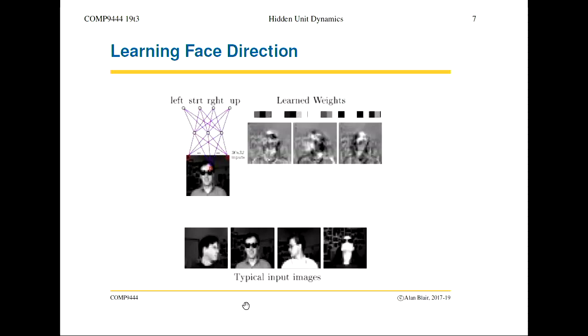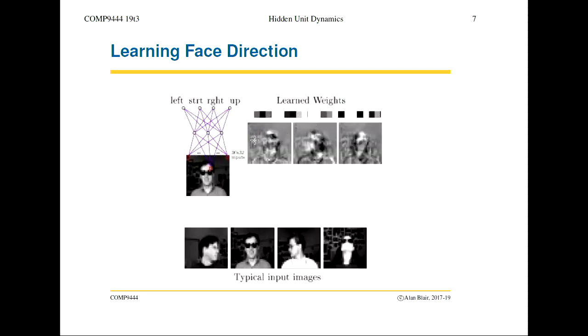bit of an idea here if someone is looking left. Well, let's have a look here. If someone's looking to the right, you would expect brightness here and darkness there because of their hair. And so this hidden node would probably be quite active in that situation.